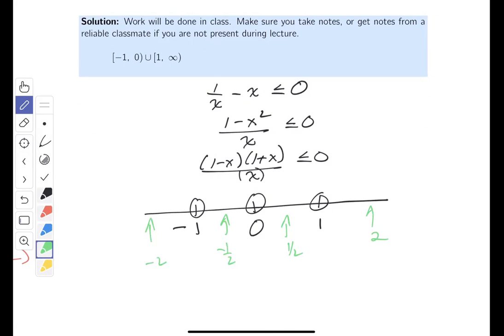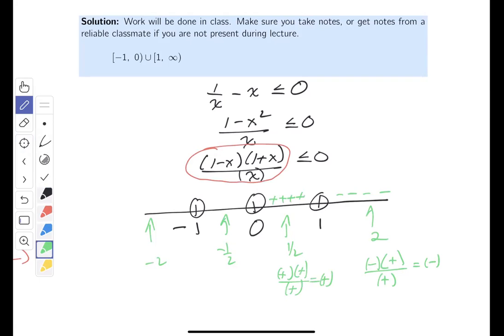Plug in 2 first. What do you get? Negative times positive over a positive. It's negative. Let's try a half. What do you get? By the way, I'm plugging it in here. Let's do it. What do you get? Positive, plugging in a half, by the way. Positive, positive. Overall, what is it? It's positive.